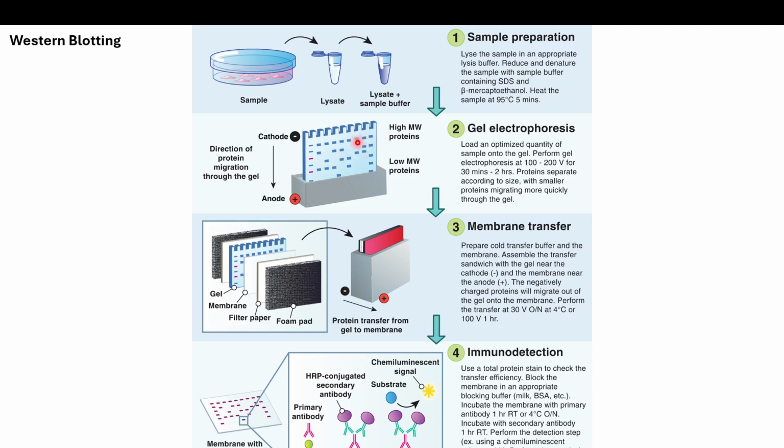So they move the slowest, whereas the lower molecular weight proteins move the fastest, very easily, so they have lesser hindrance from the pores of the matrix. So eventually they move through much faster. Okay. So you will find lower molecular weight proteins at the bottom and higher molecular weight proteins at the top.